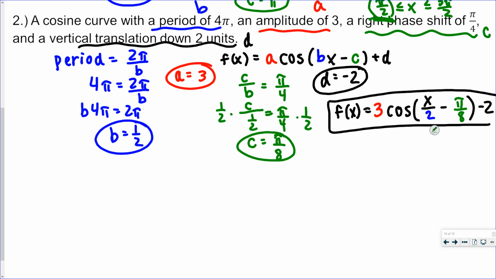Let's quick check the period. All right, if I add pi over 8 to 2 pi, that'd be 17 pi over 8.